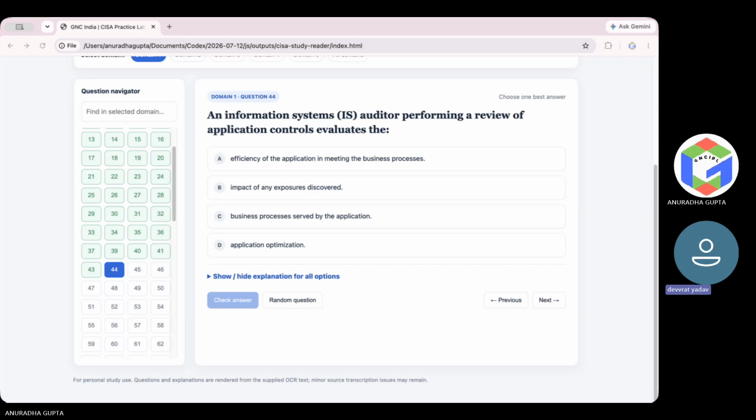This is a little bit tricky, but option A and C are looking kind of similar, but A, I think we can go with A. A. Okay.